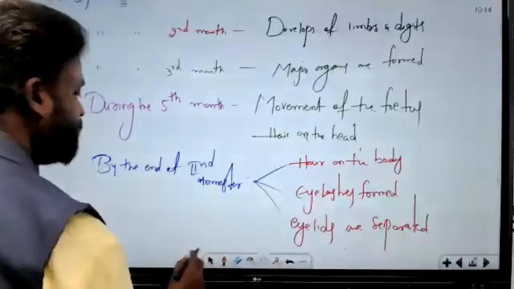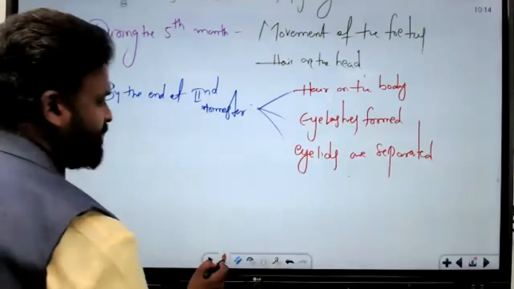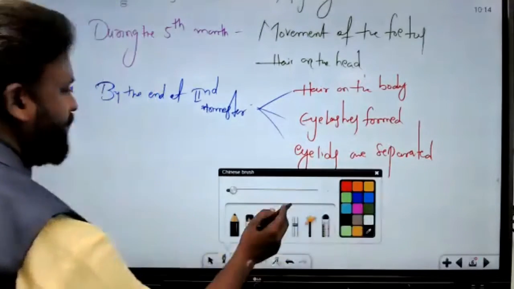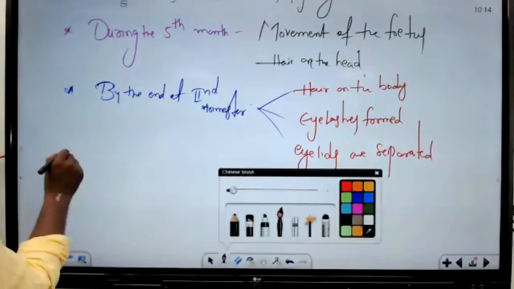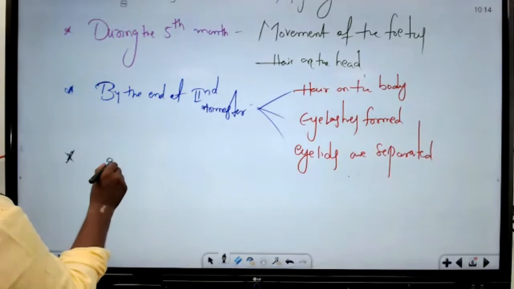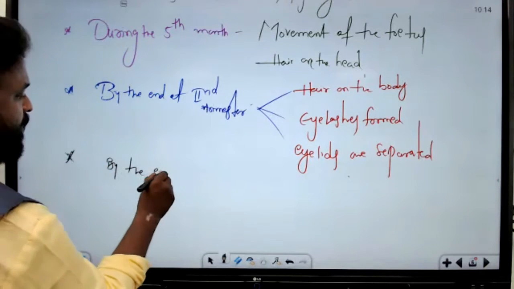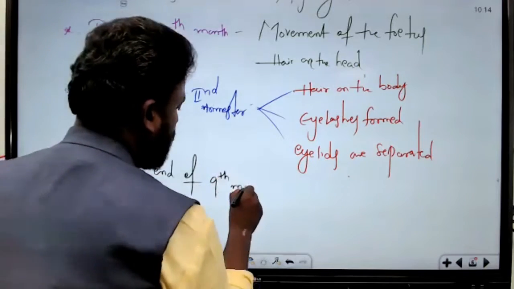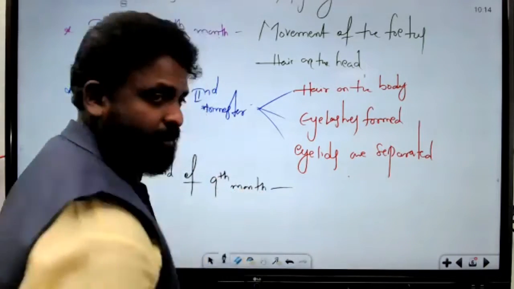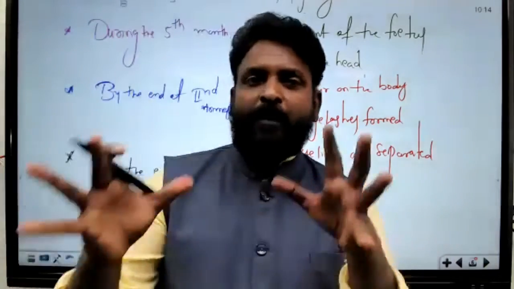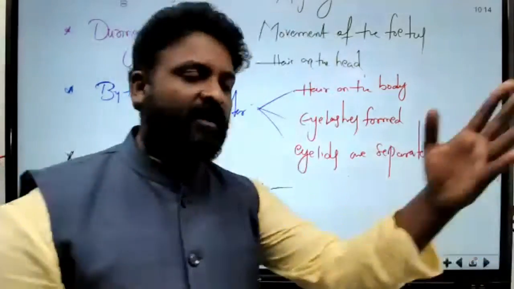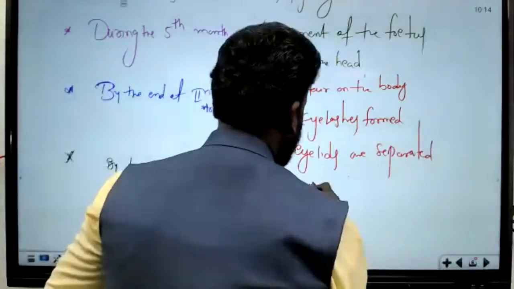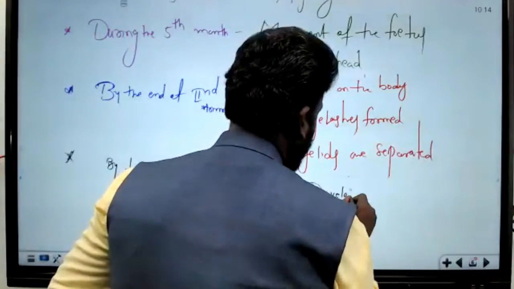The last one, by the end of the 9th month, means almost the 3rd trimester. By the end of the 9th month, the fully developed fetus is ready for delivery, right?